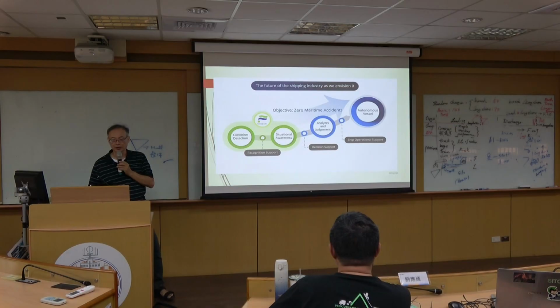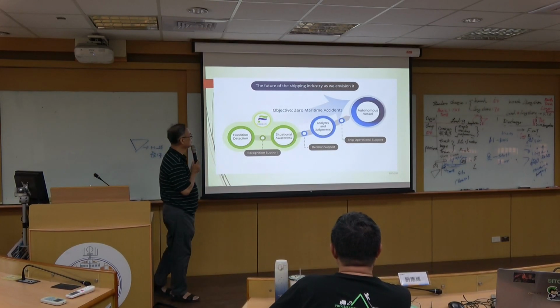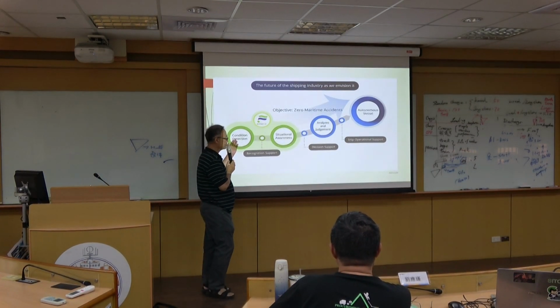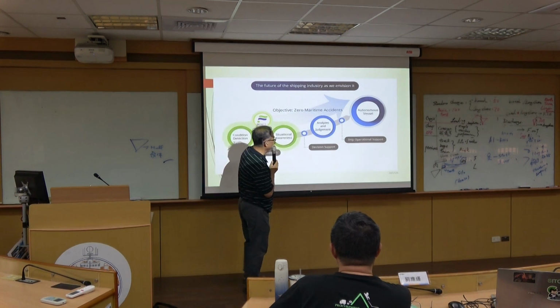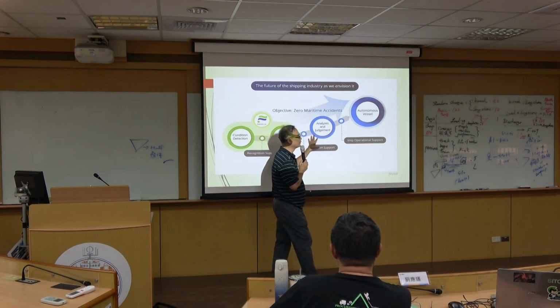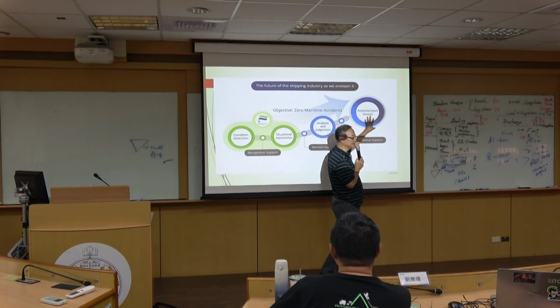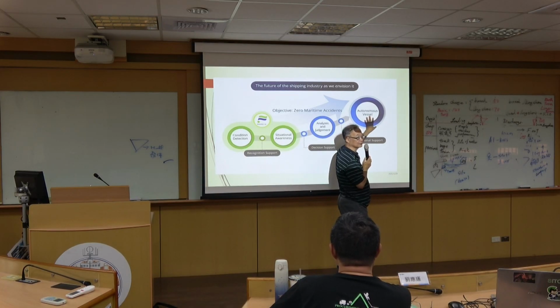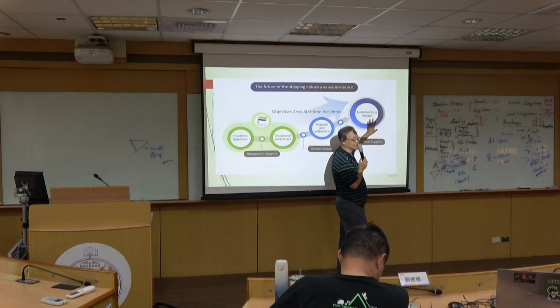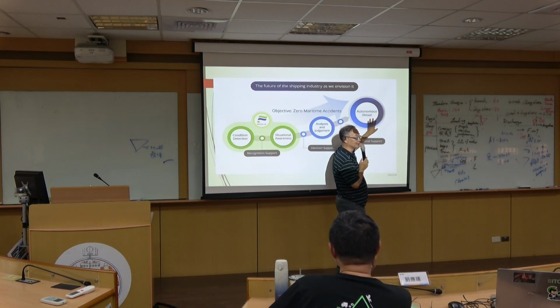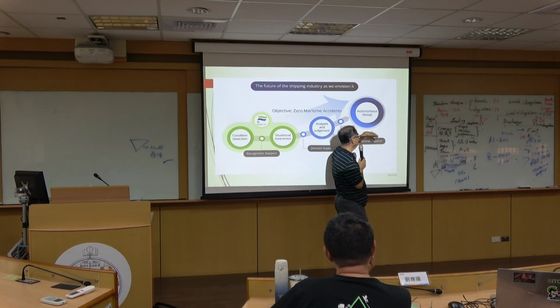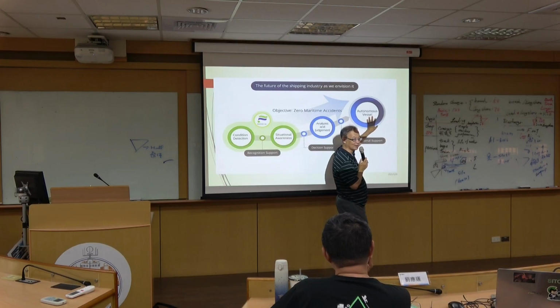Okay, so how about the future shipping industry? Yeah, including condition detection, situation awareness, analysis and judgment. The final one becomes the self-driving research ship, an autonomous vessel. So in the future of the model vessel, we don't need to hire seafarers, okay? Anything is decided by AI, artificial intelligence.